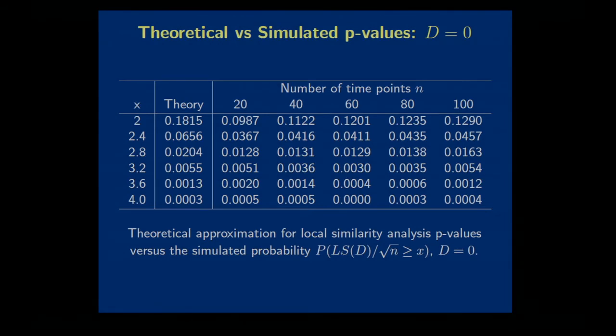What we are really interested in is a p-value less than 0.0001 or so, a very small p-value, and you can see it's actually quite close. The most important thing is that the theoretical value is conservative, in the sense that the theoretical p-value is a little bigger than the simulated p-value. So I'm good there.